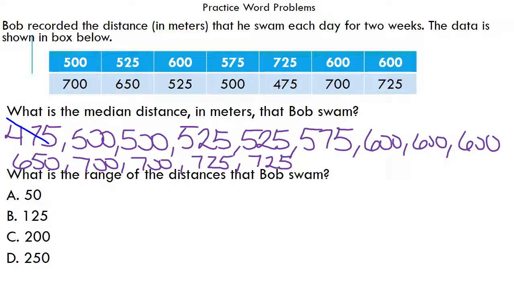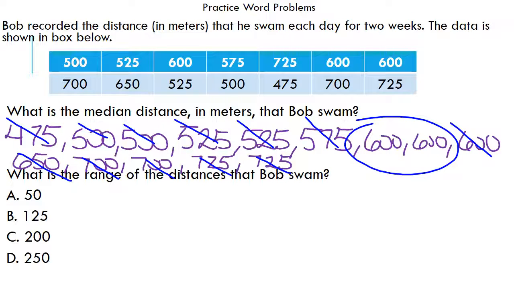We're going to cross off the first and the last. And the 2 that we have in the middle is 600.